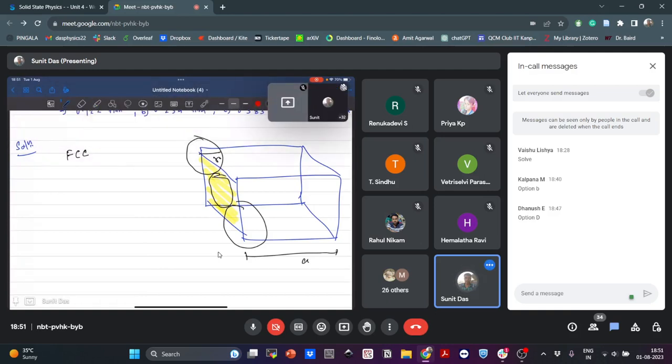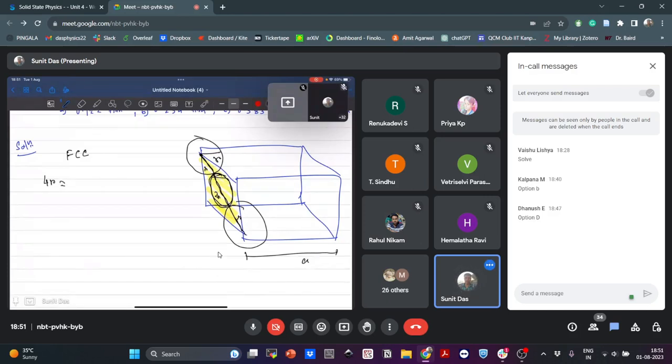So if the atomic center is here and all these atoms touch each other, then what is the distance? So this will be r, this will be another 2r, and this will be another r, right? So this total diagonal will be 4r.